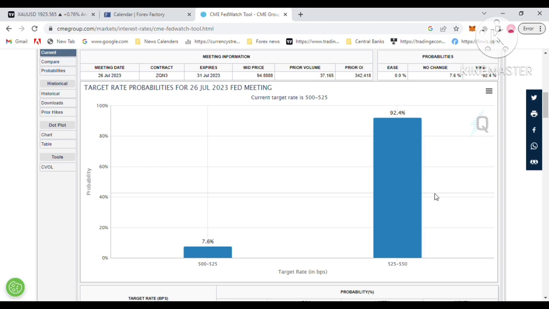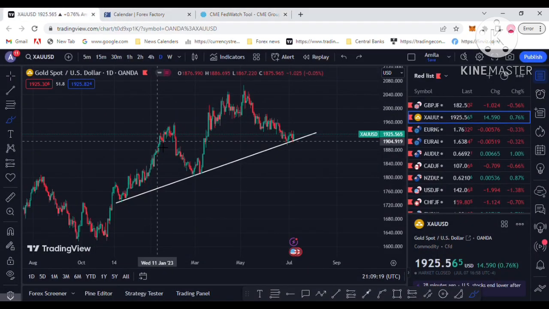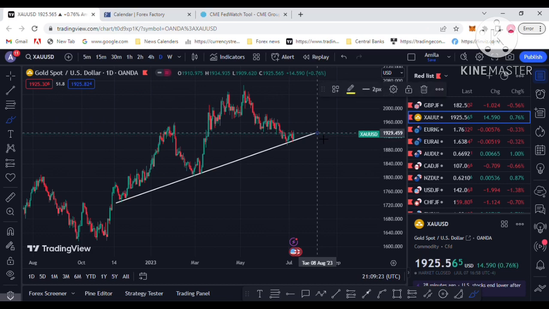That is also market sentiment. If the Fed hikes rates by 25 bps, it will not bring huge demand for the dollar, because almost 92% is already priced into market sentiment. That is very important. So for the next FOMC meeting on July 26, stay in touch with the economic data if you are trading gold.